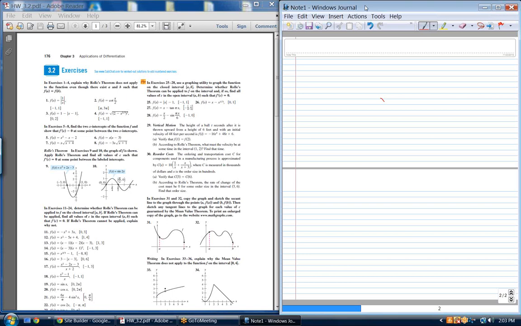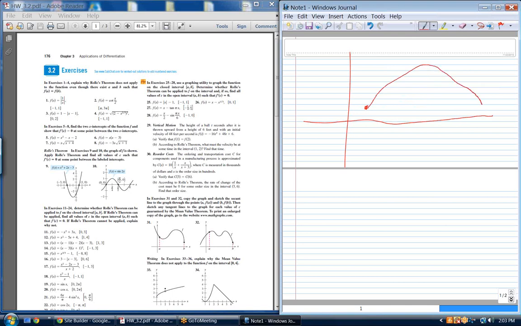Hold on a second. I can explain it to you real easily. If you have a function that goes from this point to that point, this being A, this being B, this is f of A, and this is f of B, right?